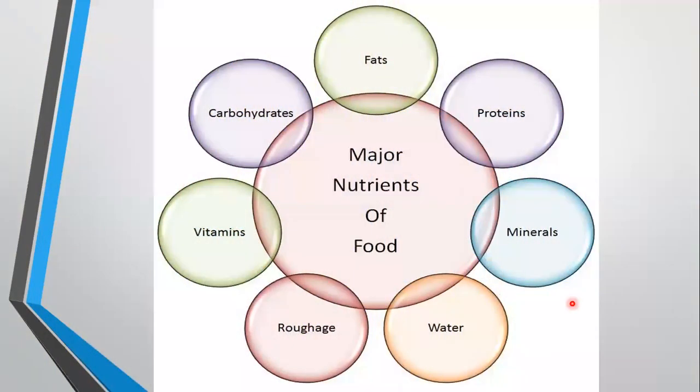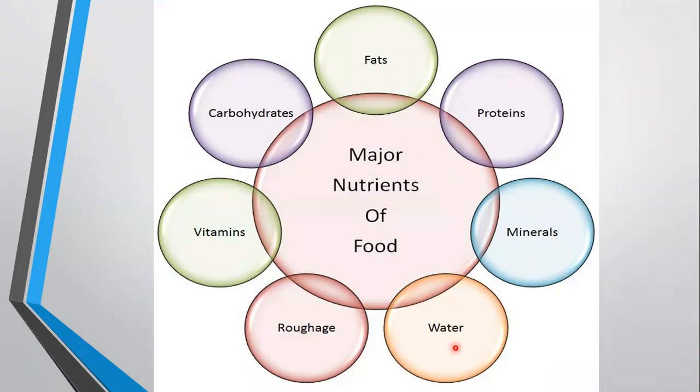The major nutrients in our food are named as carbohydrates, fats, proteins, vitamins, and minerals. In addition, food contains dietary fibers, also known as roughage, and water, which are also needed by our body.